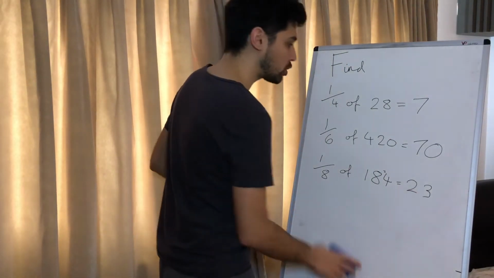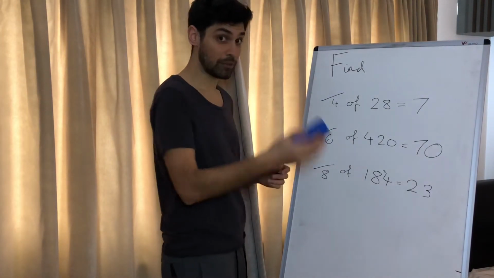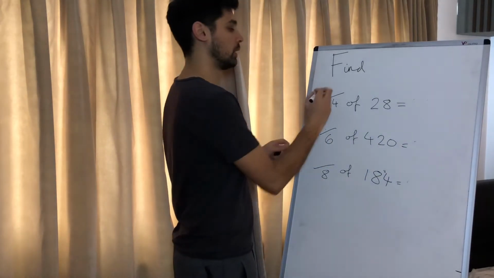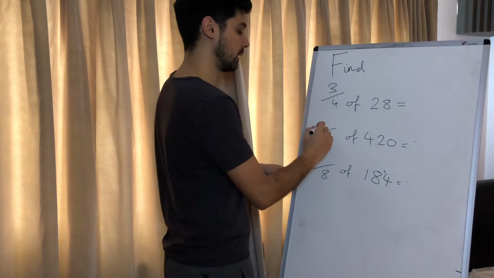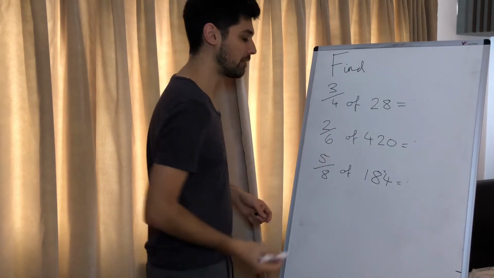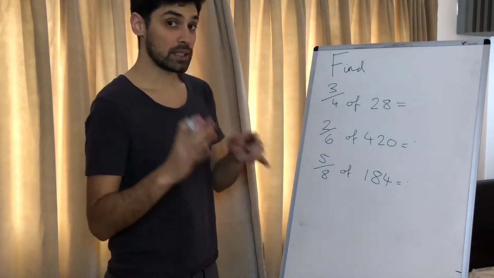Now, things change a little bit if we're finding a fraction with a different number on top, not just 1. So let's say we're finding 3/4 of 28, 2/6 of 420, and 5/8 of 184. So the same idea to start with.